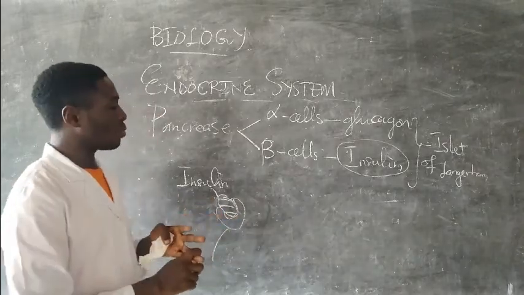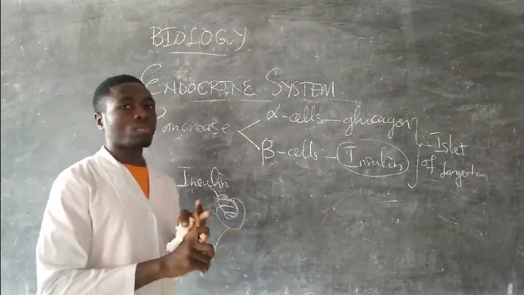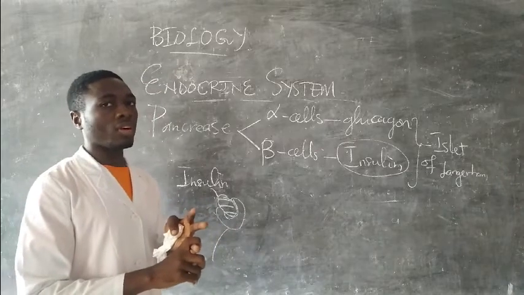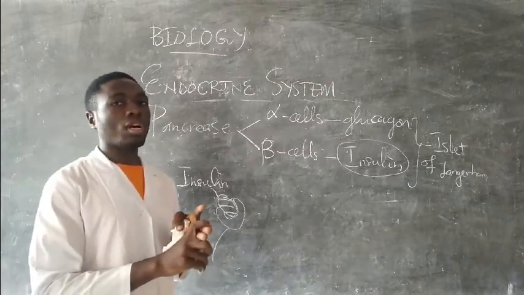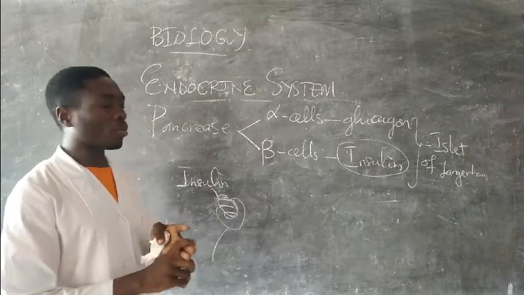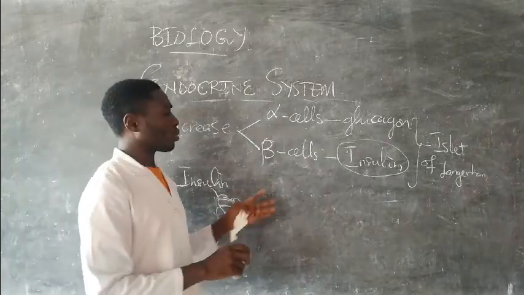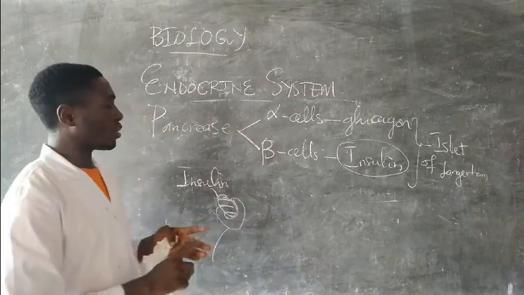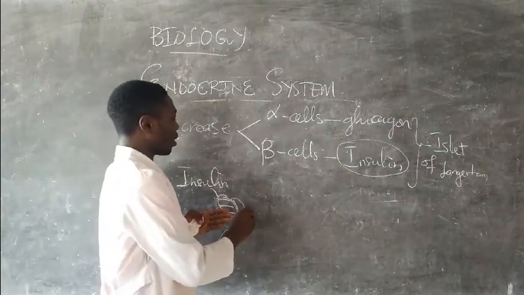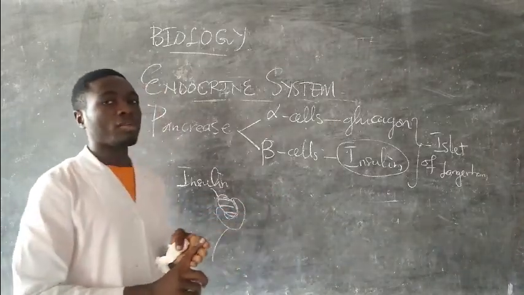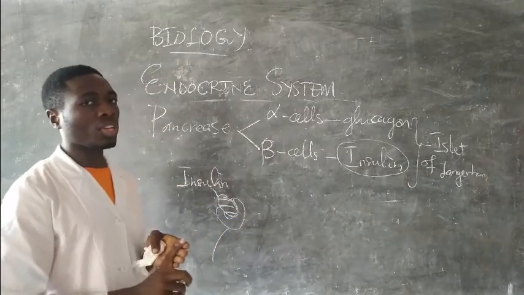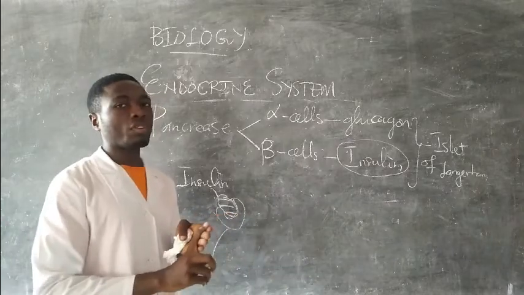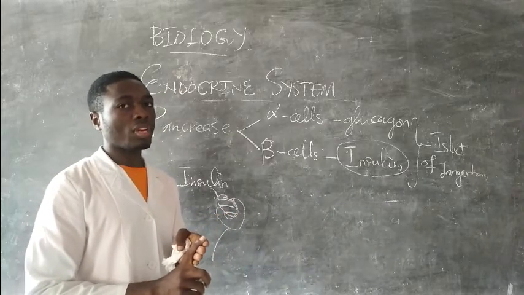It causes glucose to be converted to glycogen, and also to lipids that will be stored in adipose tissue. And we are going to have increased metabolism of glucose to produce energy, thereby burning the excess glucose and bringing the level of glucose back to normal.